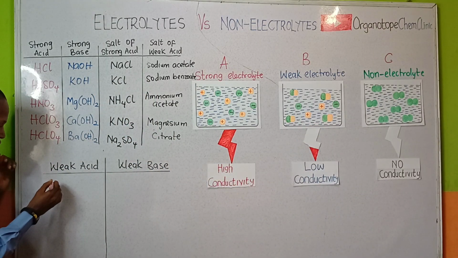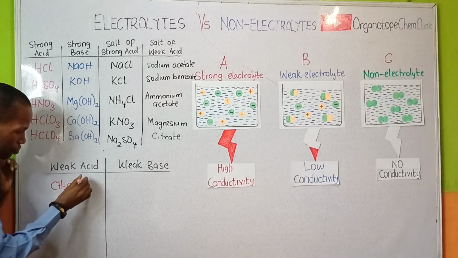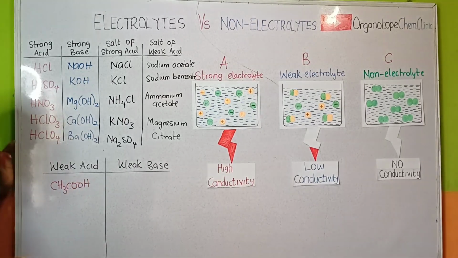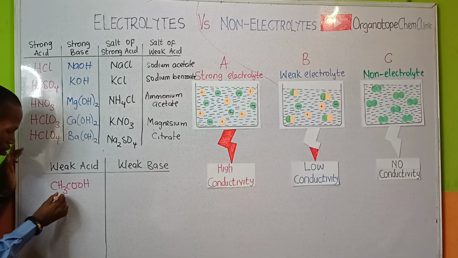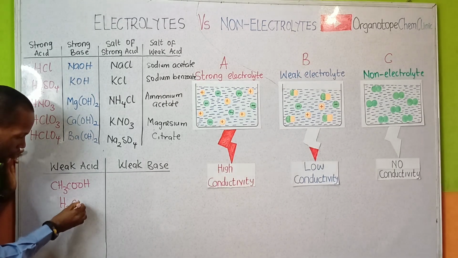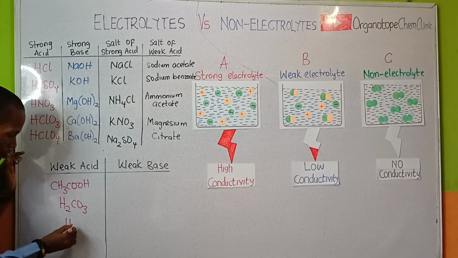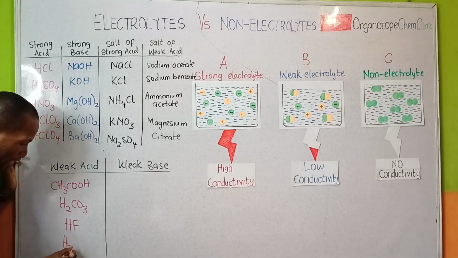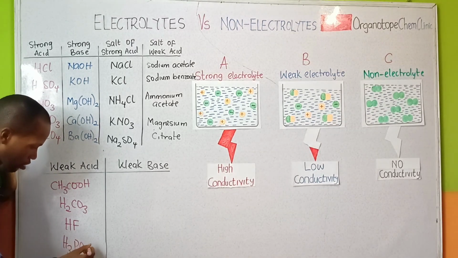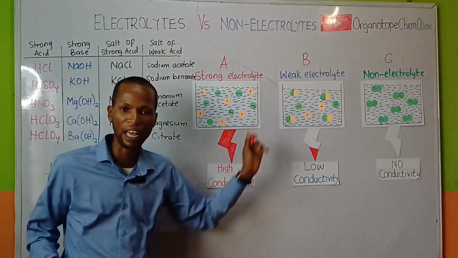We have acetic acid, that's ethanoic acid, which is a weak acid. We can as well have carbonic acid. Hydrofluoric acid is a weak acid. And lastly, phosphoric acid is a weak acid. So all the acids listed right here are weak electrolytes.